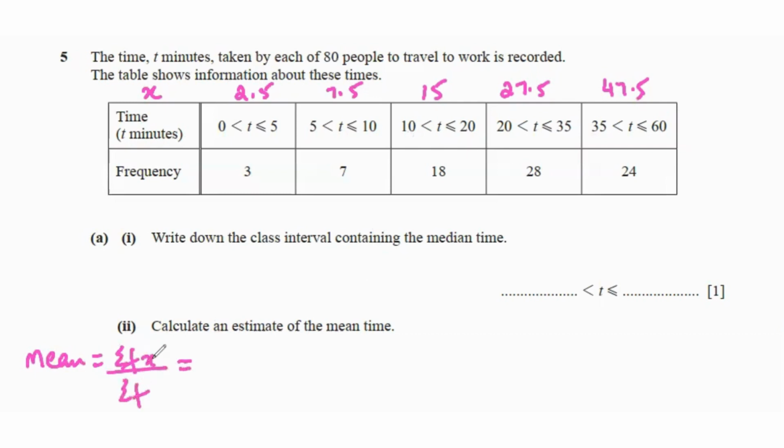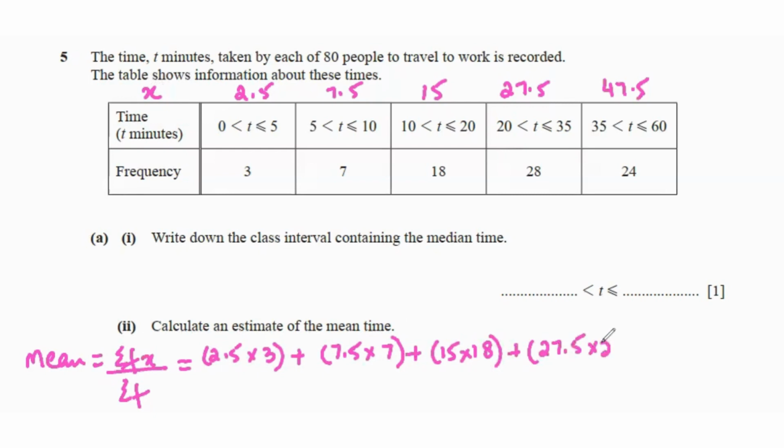Sigma fx is the sum of the product of x multiplied by f, which is going to be 2.5 times 3 plus 7.5 times 7 plus 15 times 18 plus 27.5 times 28 plus 47.5 times 24.